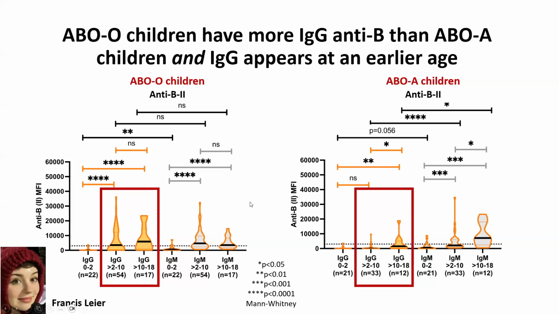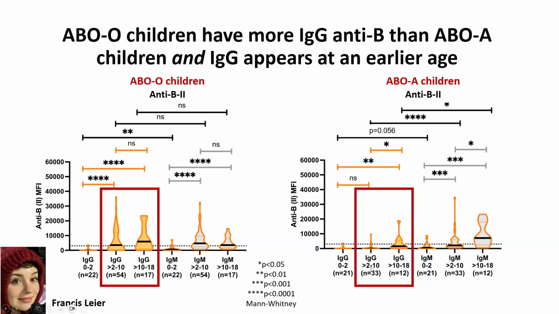So here for the blood group O children, you can see the same pattern that we saw for the development of anti-A antibody. It's a little different for IgM, which is a little bit slower to evolve, but you can see this evolution of antibody, and over the age of 2, O children are starting to develop anti-B antibody. Whereas in blood group A children, the IgG antibodies to B are really only starting to emerge in the age group over 10, maybe a couple of children here.